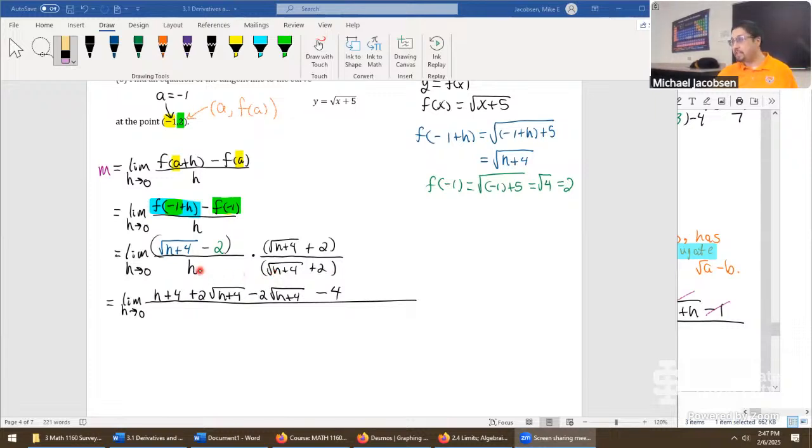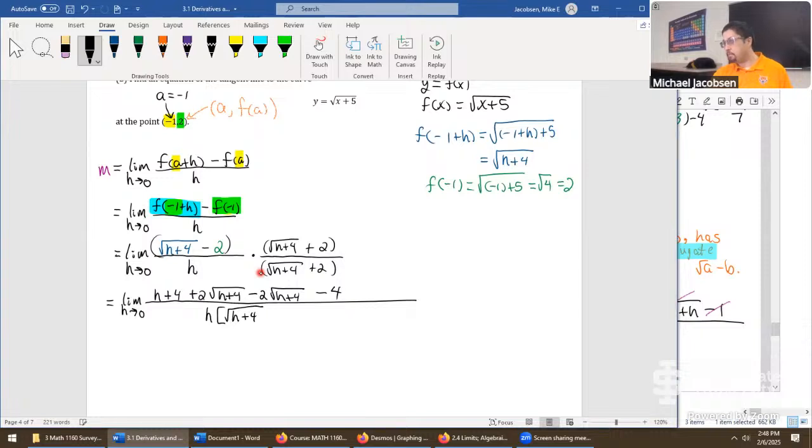Best to just leave h right here. Multiply it against this next denominator, root h plus 4 plus 2. So if we can navigate through this limit, we're home free.